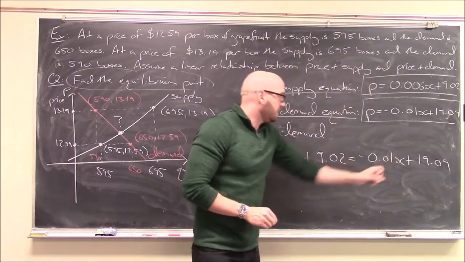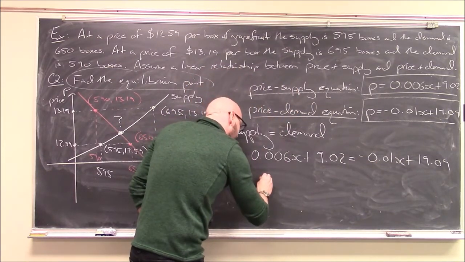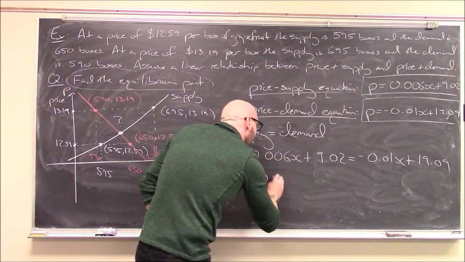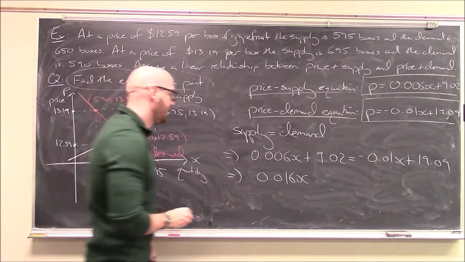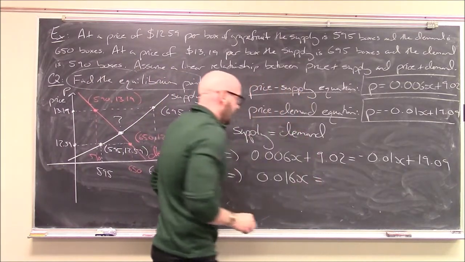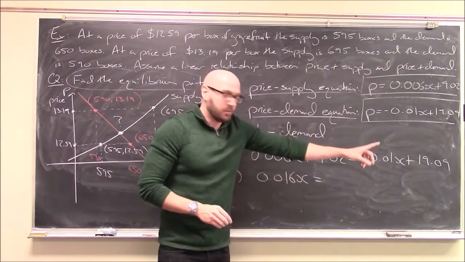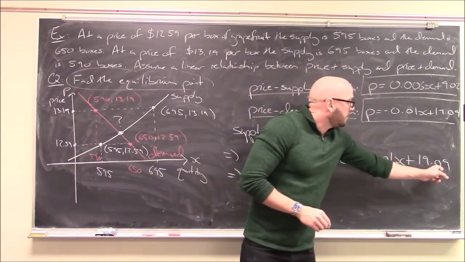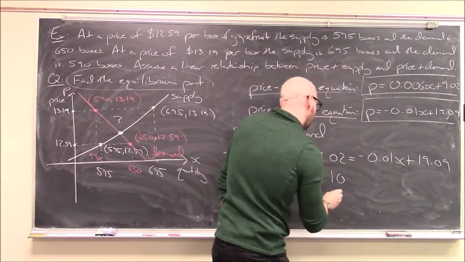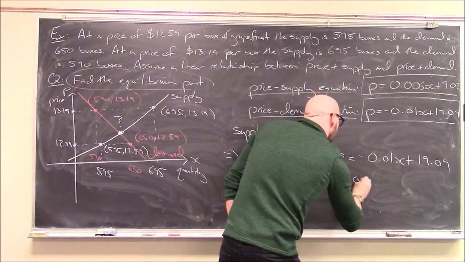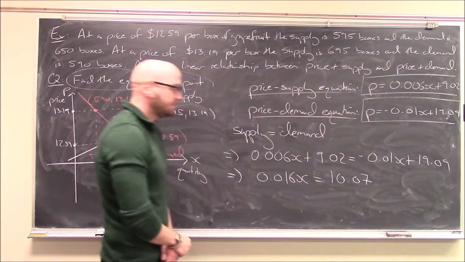0.006x plus 0.01x is going to be 0.016 x's. And we're going to subtract 9.02 from both sides. 19.09 minus 9.02 is 10.07.